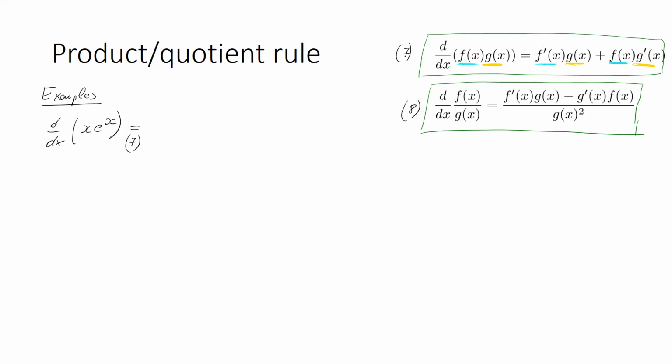So let's apply that. If I use the same colors, x is going to play the role of f, and then e to the power x is going to play the role of g.